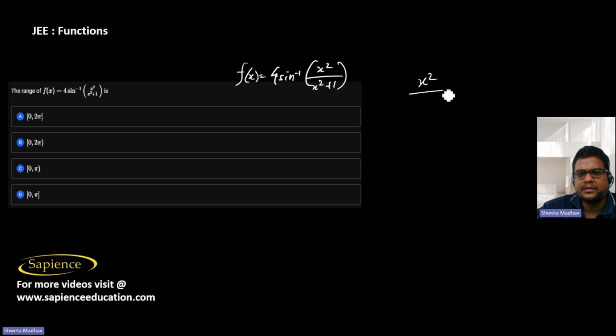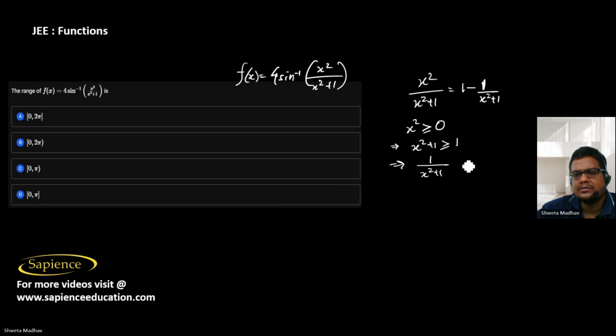Now x square by x square plus 1 can be written as 1 minus 1 by x square plus 1. Now x square value is always greater than or equal to 0 only. It means that x square plus 1 value will always be greater than or equal to 1. So 1 by x square plus 1 will go from 0 to 1.